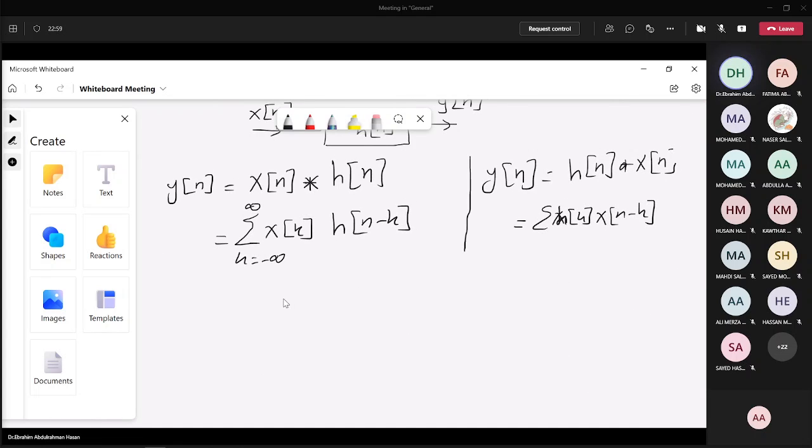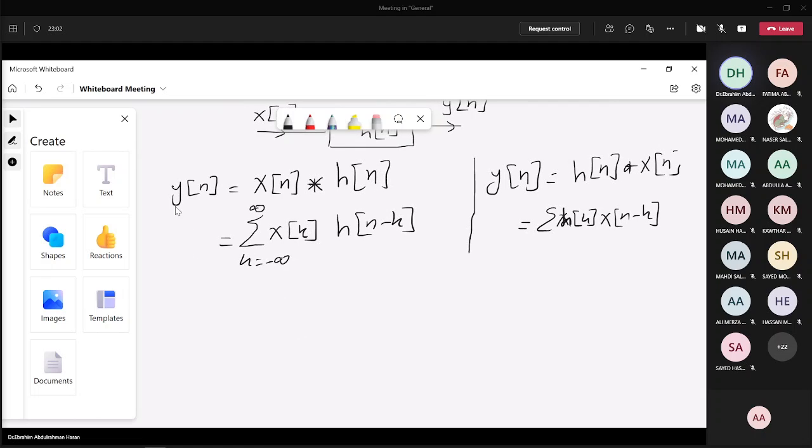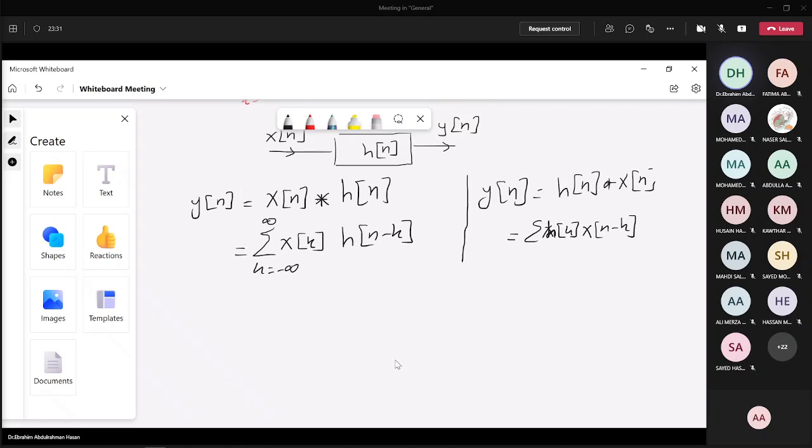What does this mean? It means that to find y of n at a specific point, you need to fix x of k and h of k, the variable k of course, flip the variable because it is minus k and shift it to the right. Then multiply these two and add them all together to get y at a specific point.